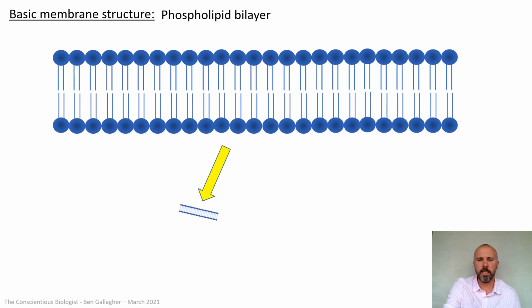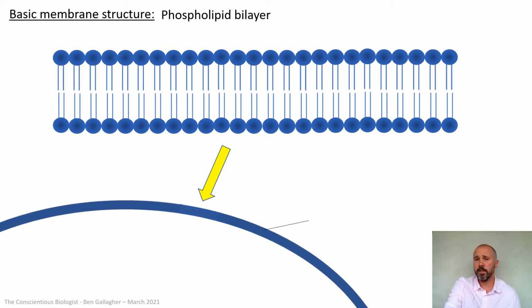If I shrink that right down, so that piece of phospholipid bilayer is now there, and I extend that right round, this blue line now is representing the cell membrane with cytoplasm inside that contains water. Outside of the cells, next to me, could be the tissue fluid that's inside your body. You've essentially made a watertight layer that can create a compartment that is your cell. That's the basics of membrane structure.